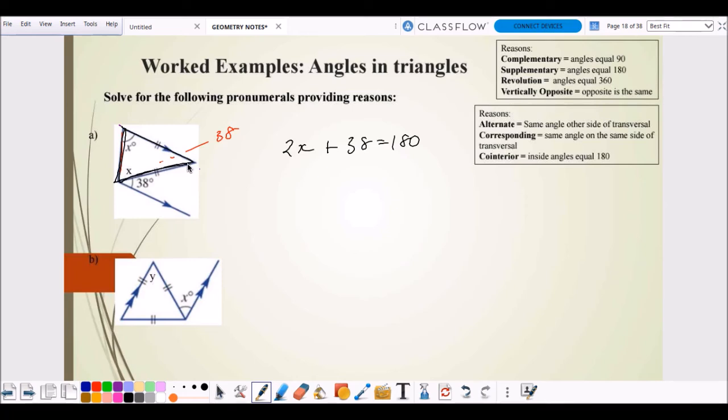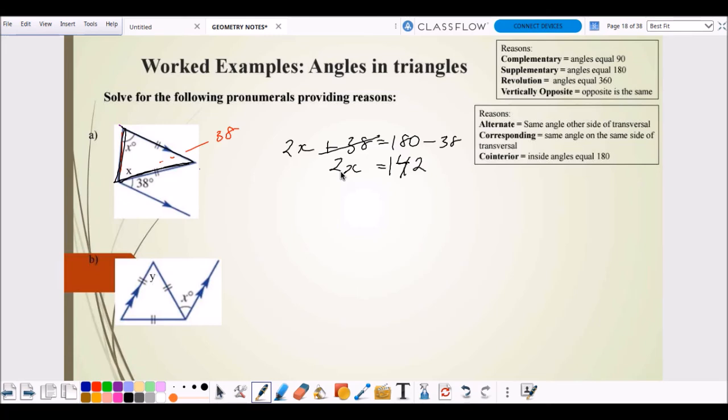Now working that out, that should be minus 38. So x is equal to so far 142. Okay, so far 142. Oh, sorry, 2x, my bad, equals 142.